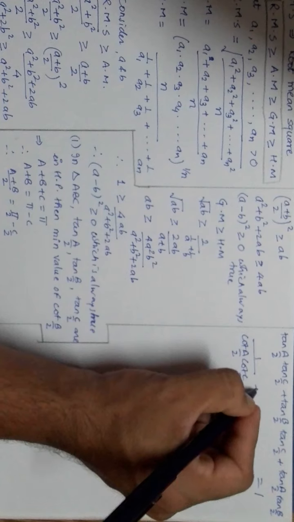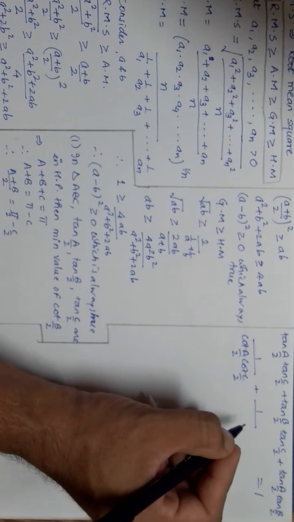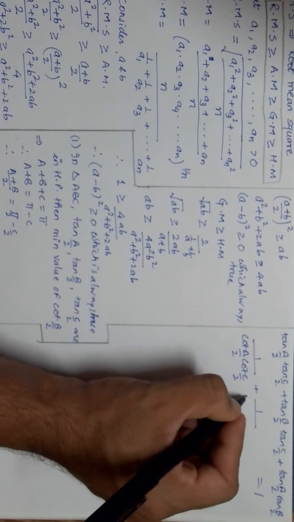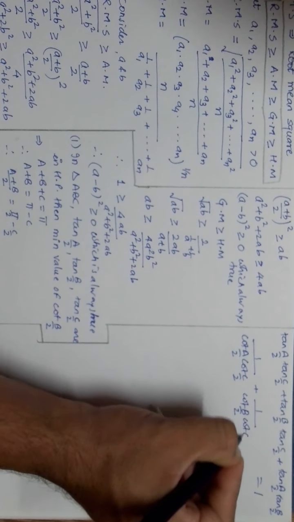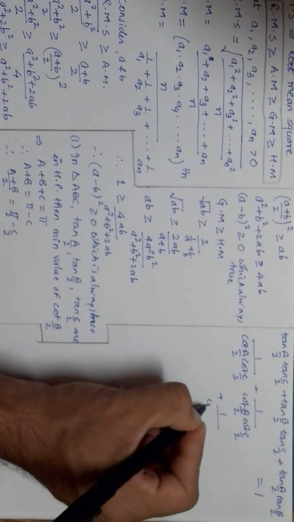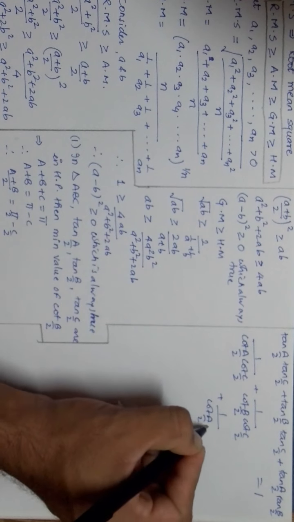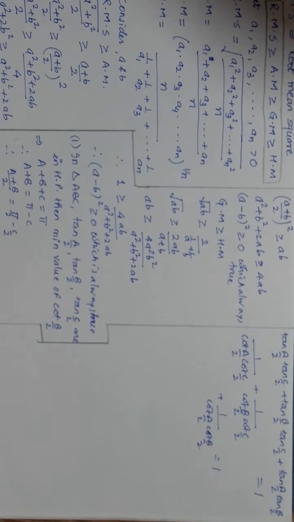Now you may be thinking why I am converting it into cot. The final answer is required in terms of cot B by 2, so there is no use of the tan. So I need to convert it into cot: plus 1 by cot A by 2 into cot B by 2, this is equal to 1.